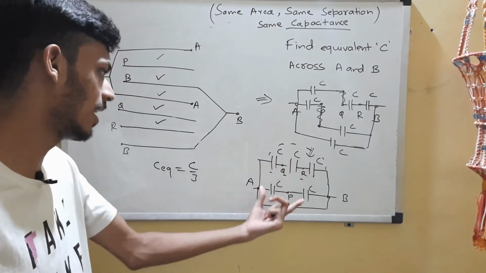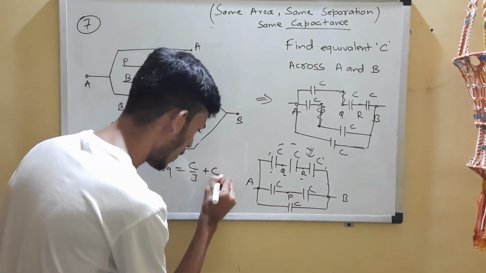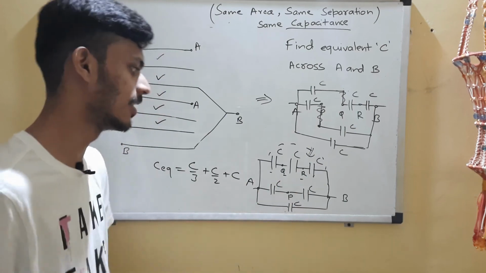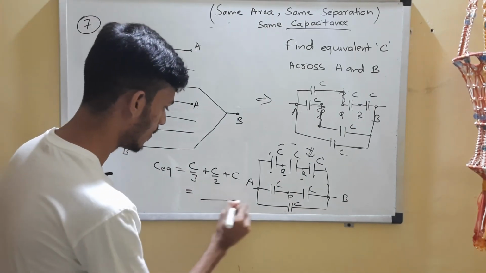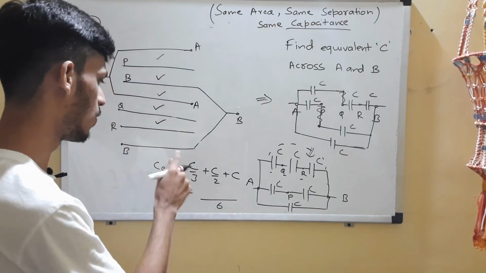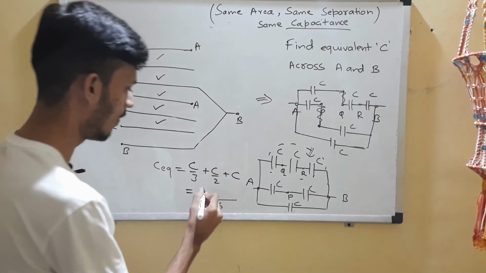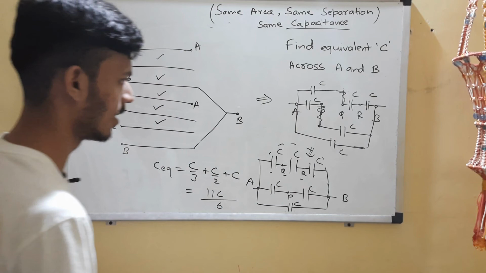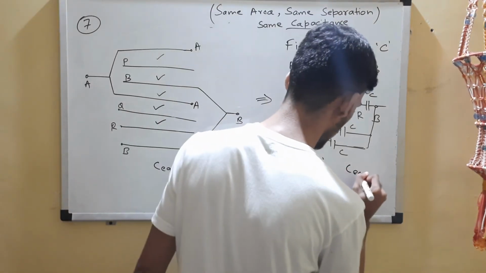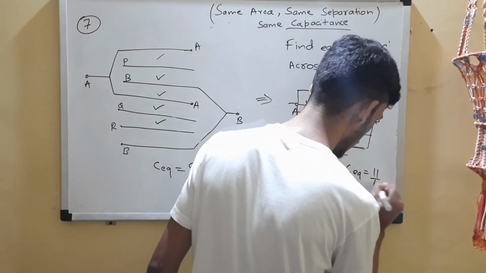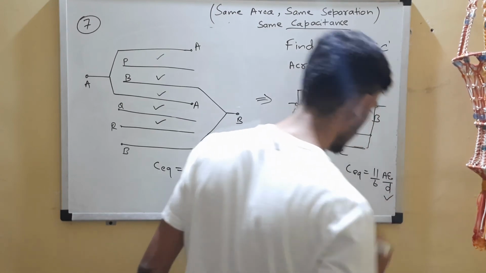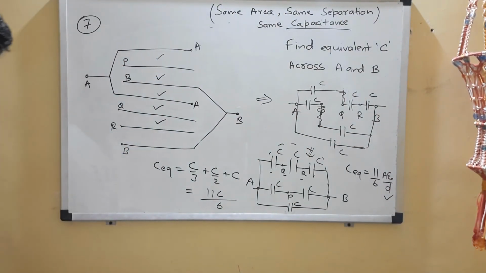So C by 3 plus C by 2 plus C. The LCM is 6, and 2 plus 3 is 5, plus 6 is 11, so 11 C by 6. The answer over here is 11 by 6 A epsilon naught by d. This is the correct answer.